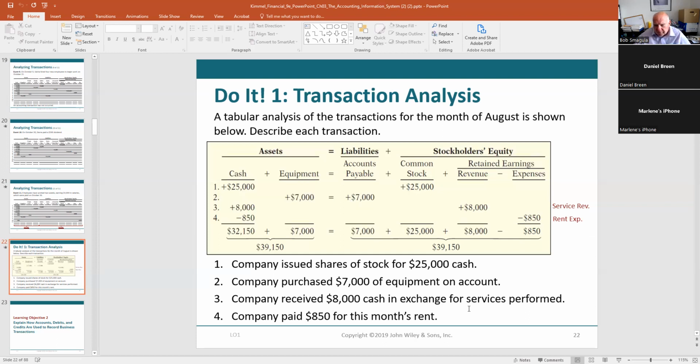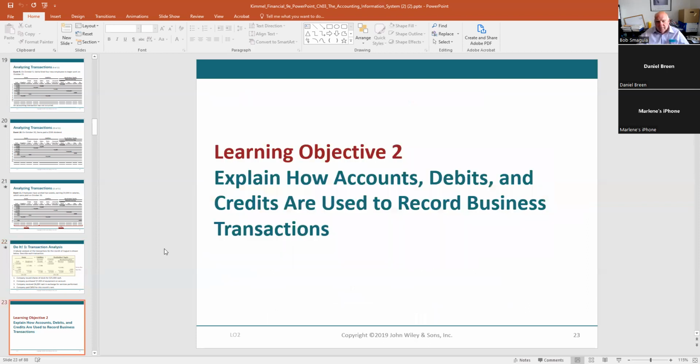They did some work finally. They brought in income, revenue, if you will, sales of 8,000, and cash went up, and then they had to pay the rent. So the rent went up, which is the same thing as minusing retained earnings, and the cash went down. Okay. That takes us, I think, through the first grid.